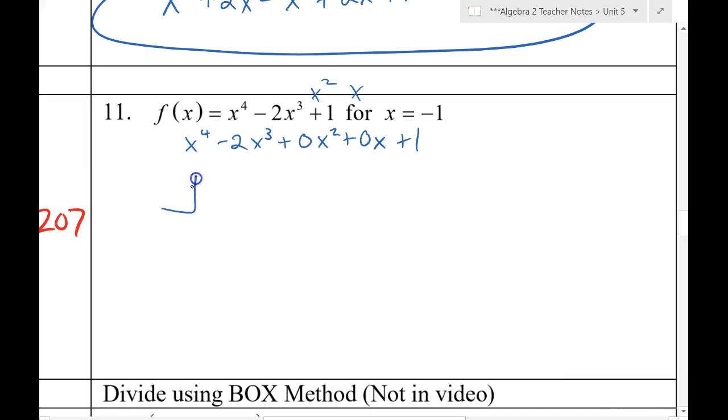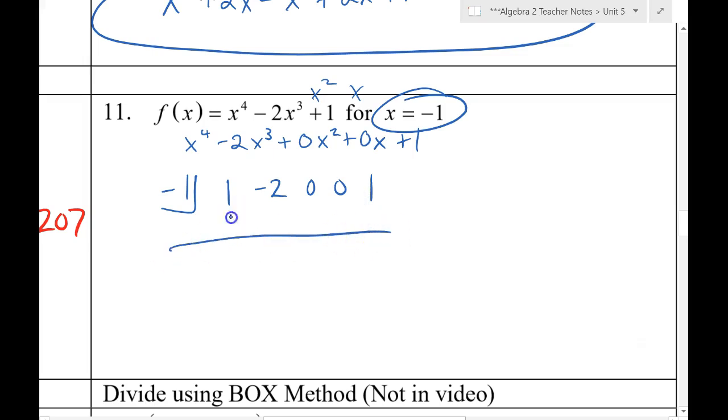Now, in the box, again, write that x value, and then all your coefficients: 1, negative 2, 0, 0, and 1. Bring down the leading coefficient, 1. And then multiply the box number times that coefficient, and you'll get negative 1. Add the column, negative 3.